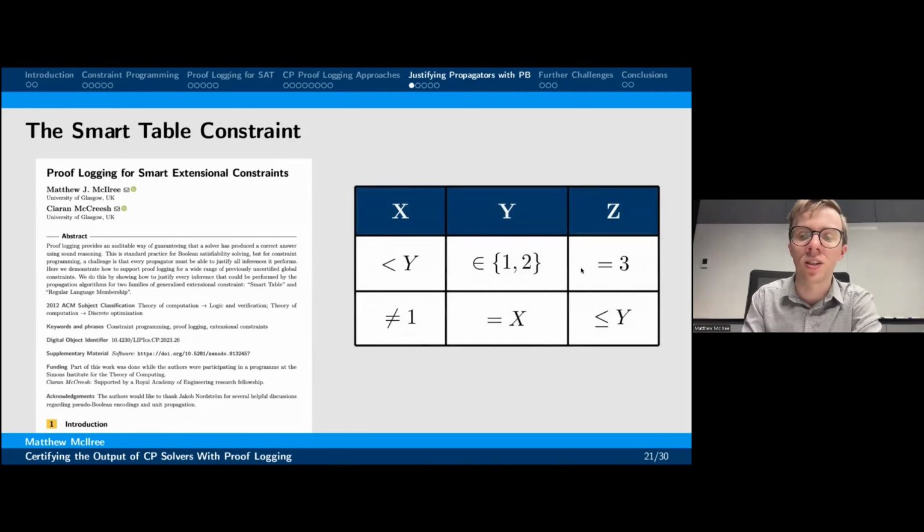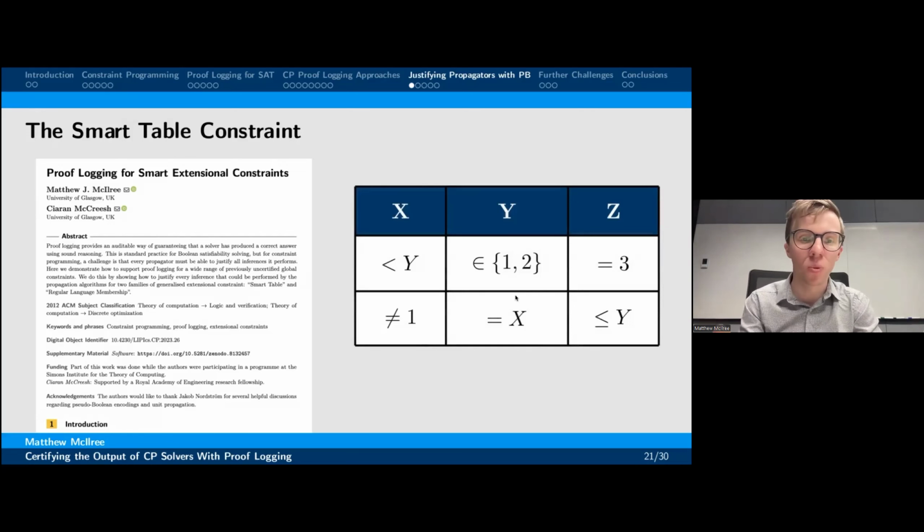Each of these rows in the table is saying the conjunction of these little sub-constraints must hold, and then the whole table constraint is saying at least one of these many constraint satisfaction problems that we've defined via these rows must hold. And it turns out this can be a really useful, compact way of both expressing and propagating a bunch of constraints.